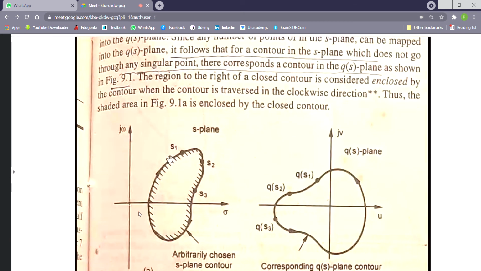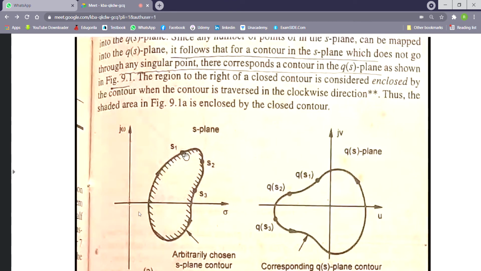Yes, ma'am. Clear. So if we traverse this contour in the clockwise direction, and identify the region lying to the right of this contour, in this case this is the region, then this region is said to be enclosed by this contour.